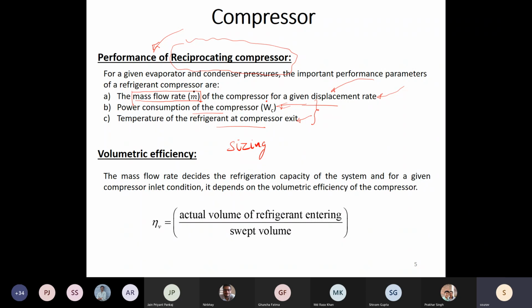No, you will just look at which compressors are available in the market, what load you expect, and you will try to match those things. That's what I meant by sizing.